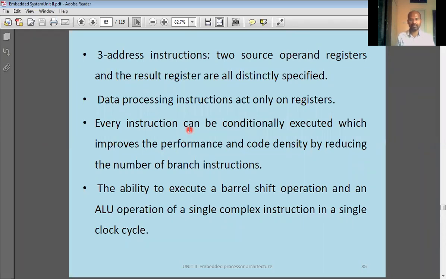CPSR register, current program status register. We have flag bits NZCV. If you remember, the last 4 MSB bits are NZCV. Based on the results of the ALU, these flag bits are continuously updated. N means negative, if the ALU result is negative; Z, if it is 0; C means carry; V means overflow.